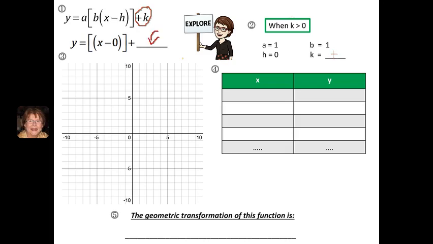In your Desmos calculator, you make A equals 1, B equals 0, H equals 0, and you observe the pattern when K is a number greater than 0. Explore, and I'll show you in the next slide what happens.